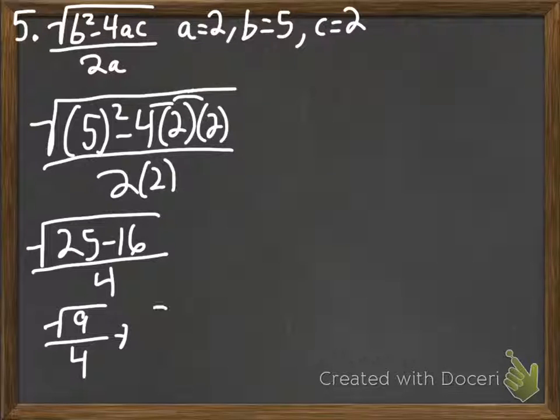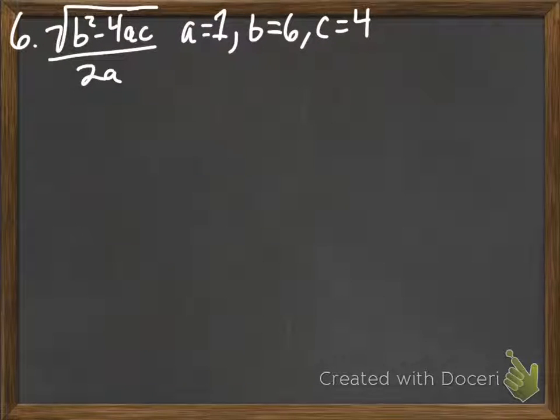The square root of 9 is 3, plus or minus 3, over 4. And there we go. Alright, so that is our second type of expression.